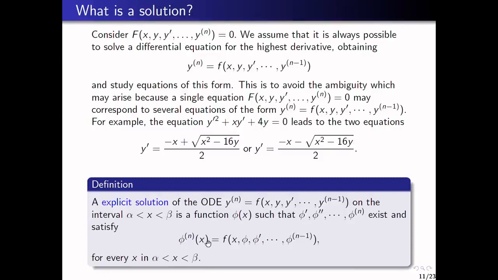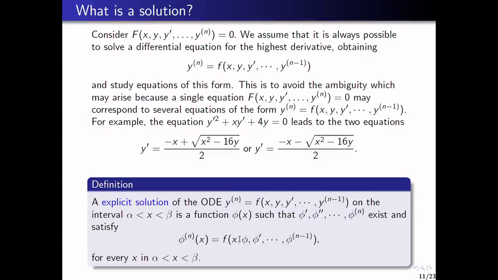So for a differential equation given here, if such a function phi exists which satisfies the given differential equation, we substitute the various derivatives of phi in the given differential equation, and it holds after substitution. So if phi satisfies the given differential equation, then we say that phi, or rather y equal to phi x, is an explicit solution. We will see examples of it.